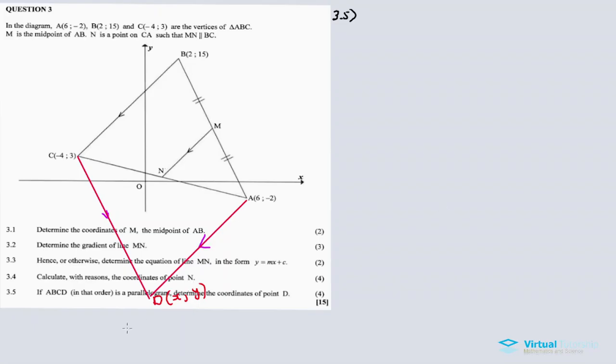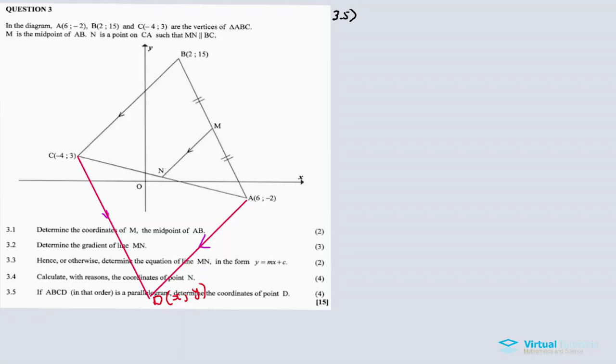All right. We do have the coordinates for N, calculated in the previous question, and we discovered N is also the midpoint for line AC, and line AC is a diagonal of this parallelogram.